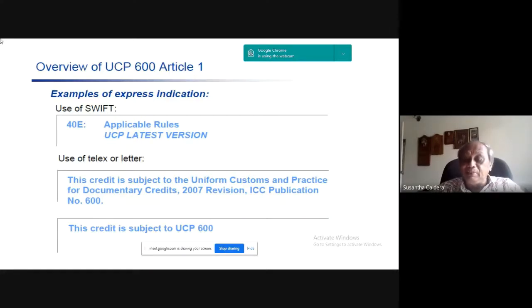ICC publication number 600, UCP 600. So when we open LCs under SWIFT, under field 40E, under applicable rules, we have to mention UCP latest version.